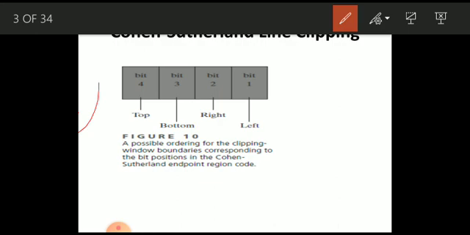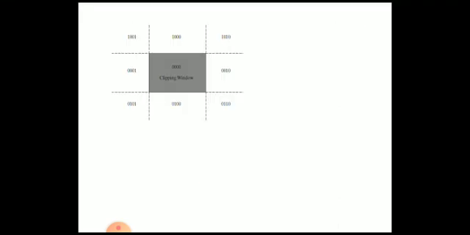The Cohen Sutherland line clipping algorithm works based on something called region codes. These region codes are indicated with 4 bits. The first bit indicates left, bit 2 is right, bit 3 is bottom, and bit 4 is top.